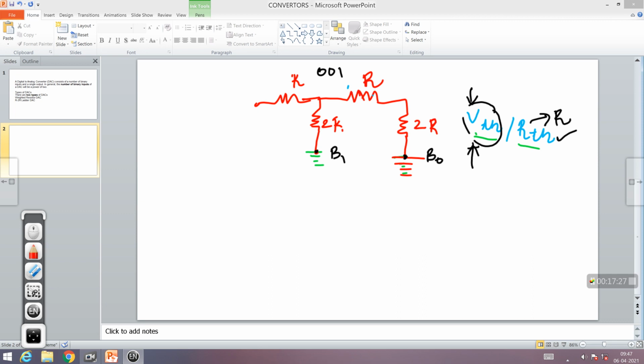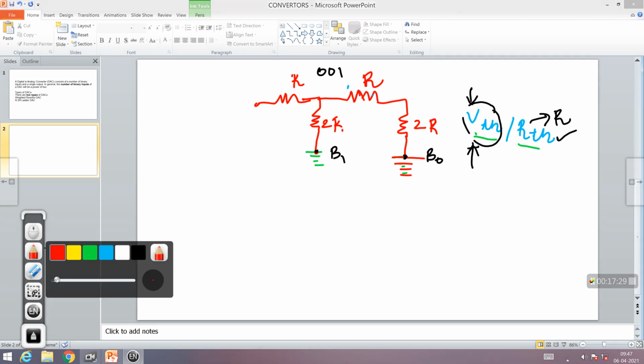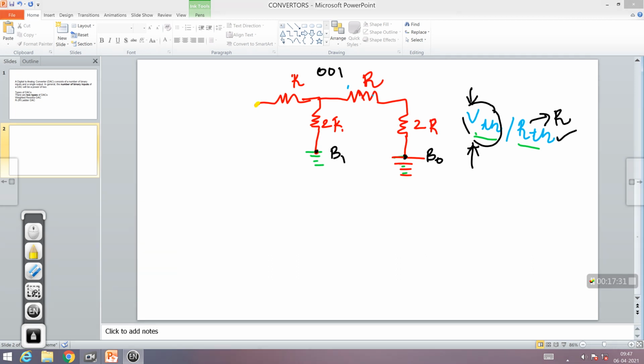So this network which I was Thevenizing, I have removed it at this point and replaced it by a single resistor R, which is your Thevenin's resistance, and a voltage source over here. And that voltage source, you calculated as Vref by 2. So connect that in the form of a battery over here. This is my Thevenin's equivalent circuit.